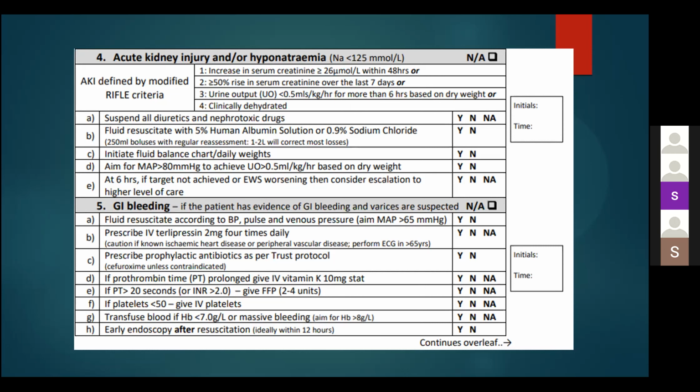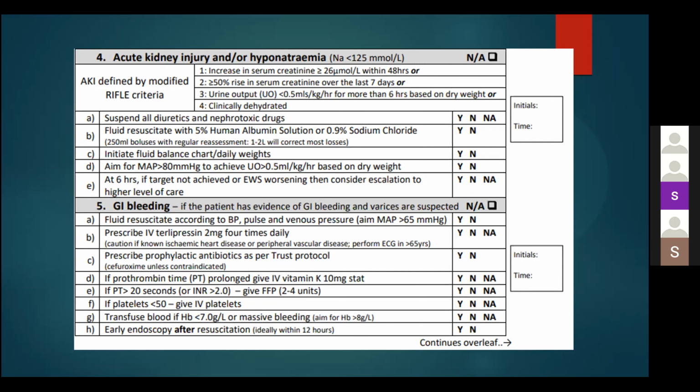We need to consider GI bleeding, which I'll cover here briefly. If you're suspecting that they're having hematemesis, or they've got a drop in Hb, or they have melena on PR examination, they need fluid resuscitating, but they need a cautious fluid resuscitation, accepting a much lower MAP of 65 or a systolic around 90.